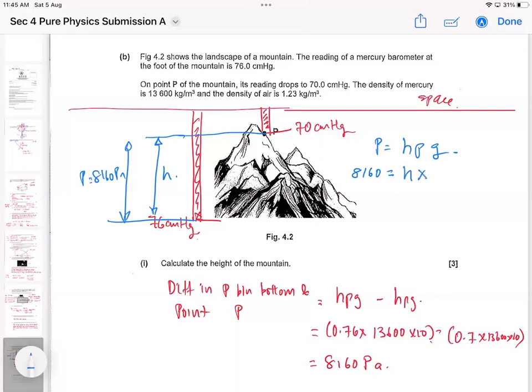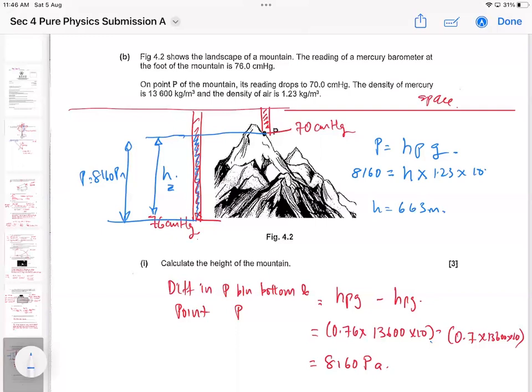Multiplied by the ρ, I'm going to use the density of air because if you look at this as a barometer, this is like an air barometer, which gives you this height. This is the height that matters. And then from here, I get h equals 663 meters. Because this is the actual h here, due to the difference in pressure in this column of air, instead of column of mercury.